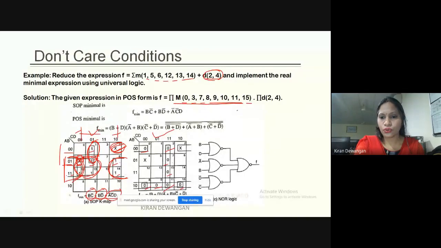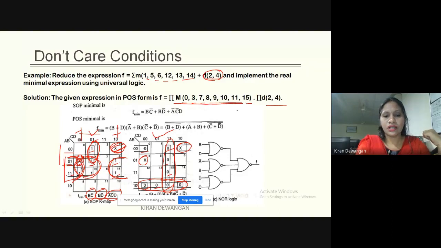Now we have 2 and 4 also. So here we are marking it X, and here also we are marking it X. Now we can see in the formation of quads or pairs, here we have one quad, as this is a straight quad coming horizontally, and this is one vertical quad.